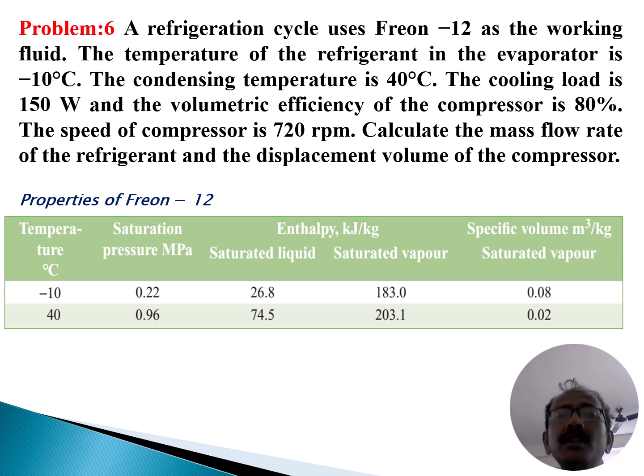The cooling load is 150 watt, and the volumetric efficiency of the compressor is 80%. The speed of the compressor is 720 rpm. Calculate the mass flow rate of the refrigerant and the displacement volume of the compressor. This is the property table of Freon 12: the temperature, the corresponding saturation pressure, enthalpy, and specific volume.